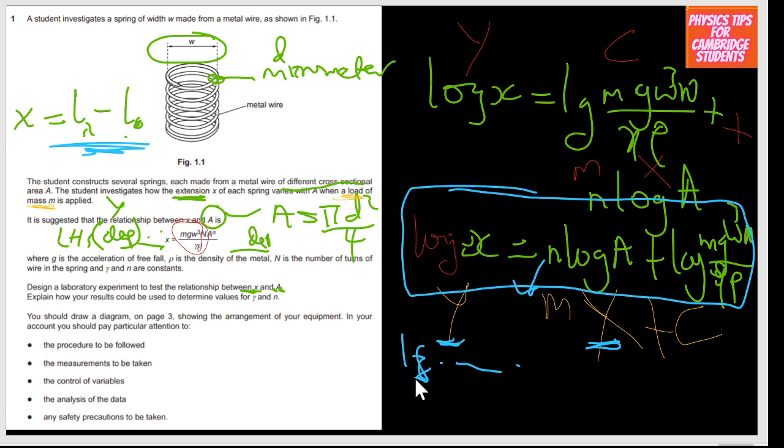whose gradient is n. And then the third mark, so I've already said the first mark here is to state what is plotted against what. And the second mark is saying if the relationship is true, a straight line graph is going to be obtained whose gradient is n. Then the third mark is going to be, because they said here, explain how you could use it to determine values of gamma and n.